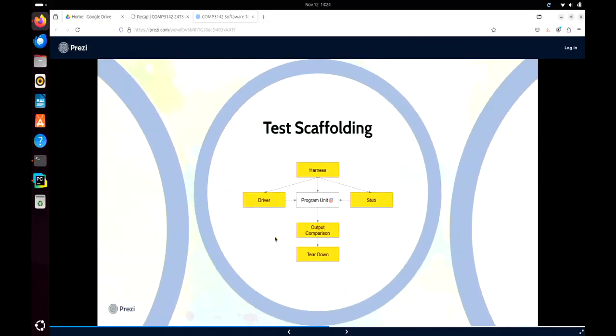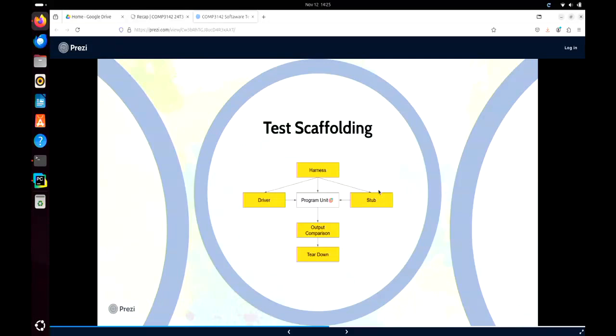And after that, we learned test scaffolding. This is the structure of a test case. Do you still remember the concepts of each component here? Like, what is the difference between a driver and a stub? We have a quiz question for that in quiz 1.